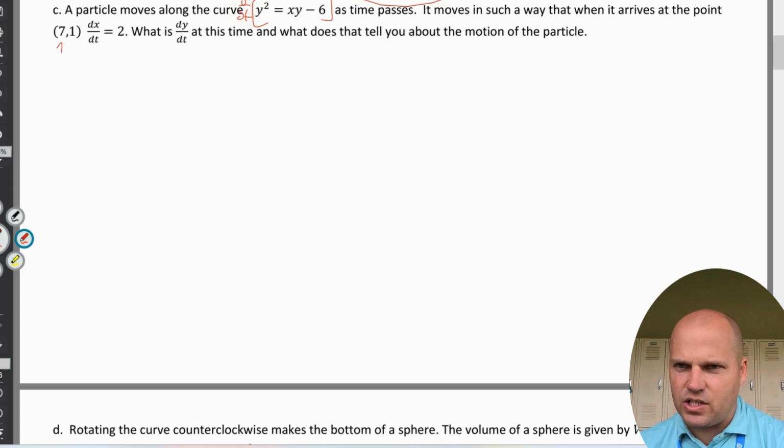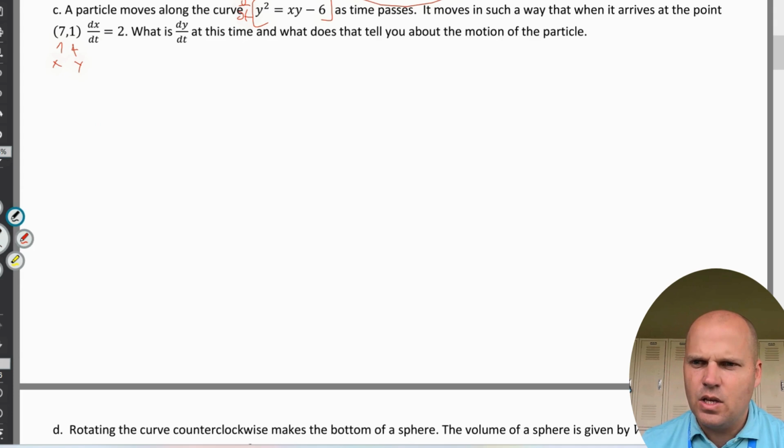We have an x, we have a y, we have a dx/dt. We're trying to find dy/dt. Just remember, whenever you take the derivative of y, you'll have dy/dt. Whenever you take the derivative of x, you'll have dx/dt.